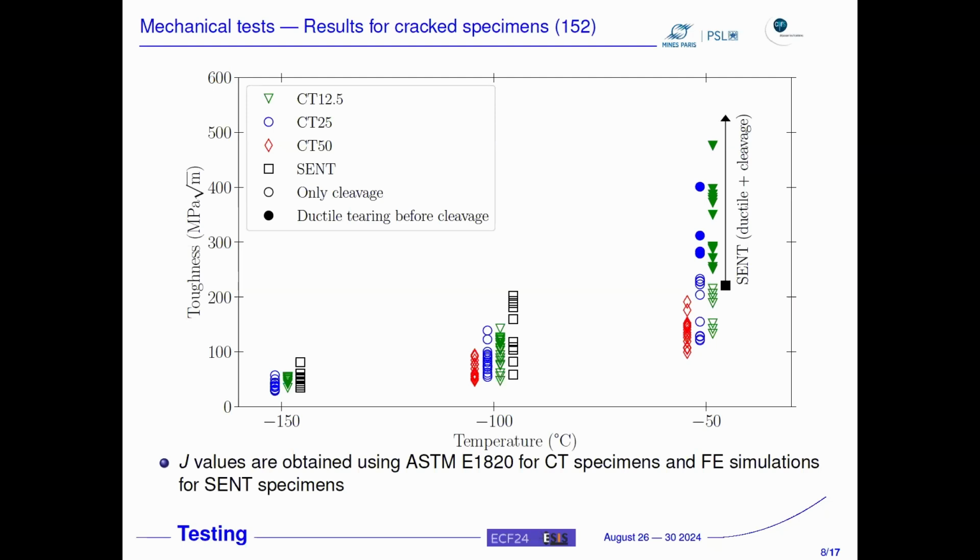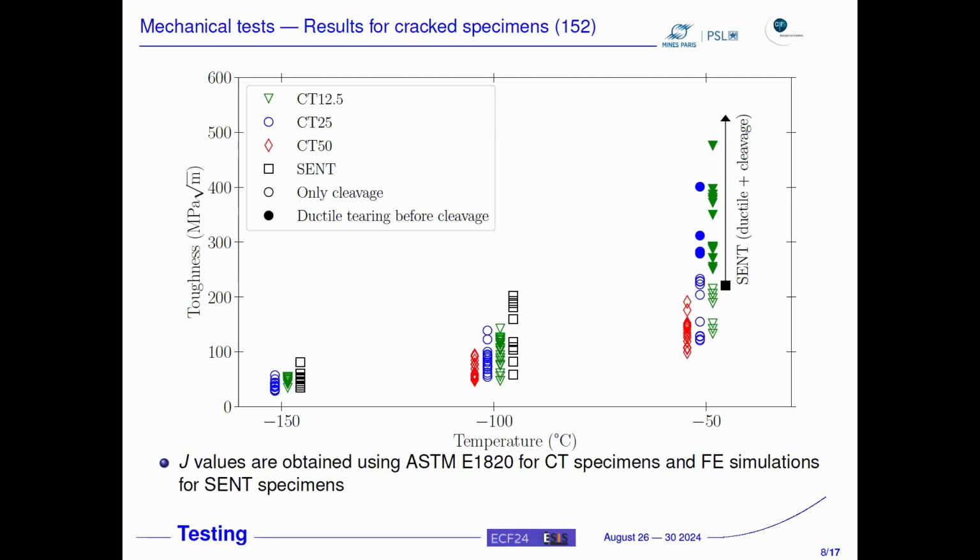When the symbols are open, that means we have purely brittle fracture. When the symbols are full, that means we get a little bit of ductile tearing before cleavage. And in this presentation, I'm not going to analyze those points. So I will only stick to the open symbols, but we still have many of them, and that's okay.